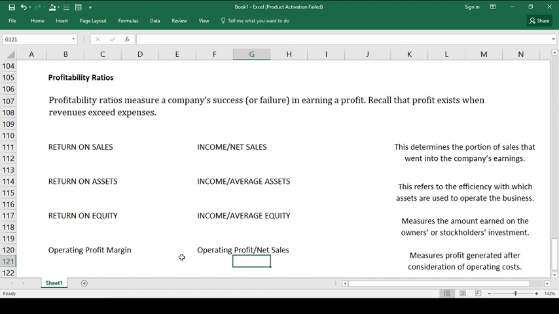The higher the return on equity, ibig sabihin, the investment of the owner, mas malaki yung return sa kanya. And if ever the return on equity is very high, makakaakit po tayo nung mga bagong investors because it has a great return on equity.